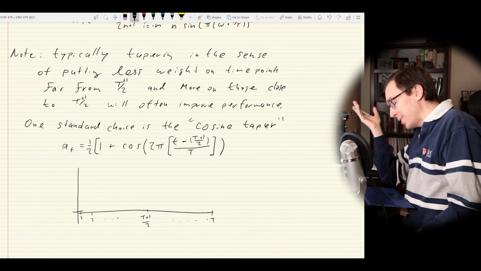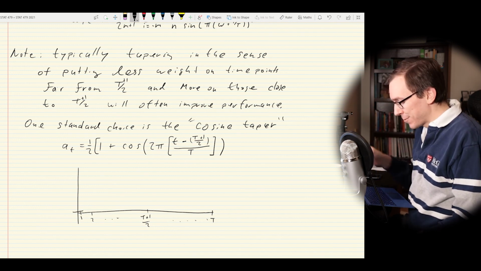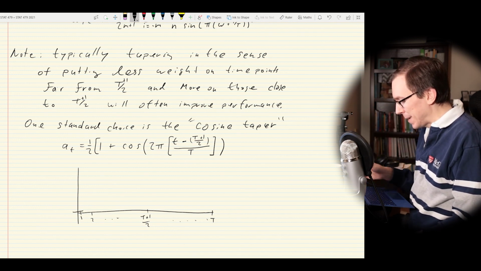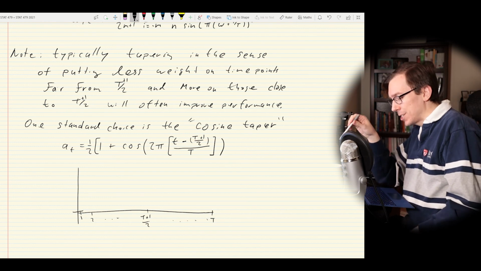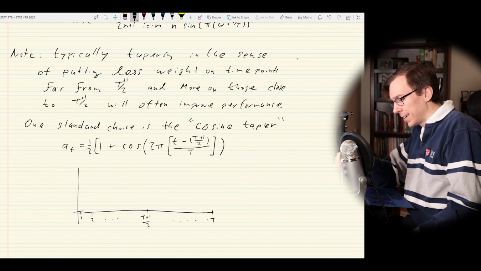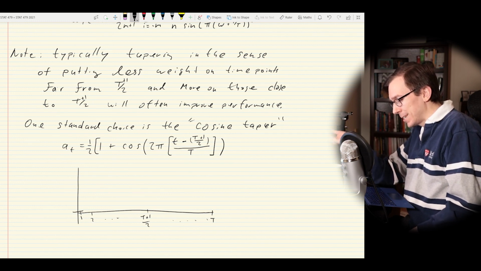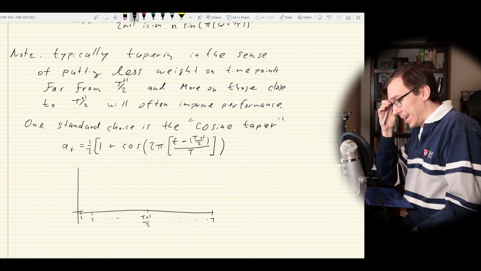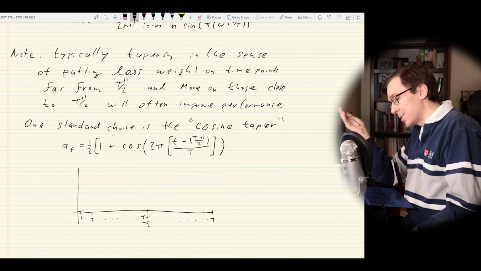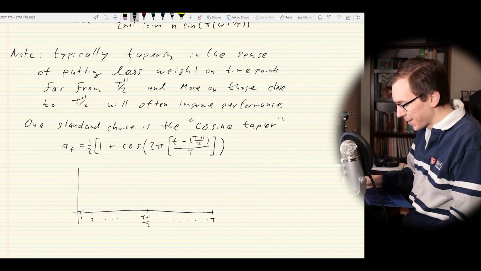So if we stare at this function long enough, we realize that we basically have a cosine function that reaches its peak in the center, because when little t is equal to capital T plus 1 over 2, this thing becomes 0. Cosine of 0 is 1, plus 1 is 2, divided by 2 is 1. So we're right up here at 1.